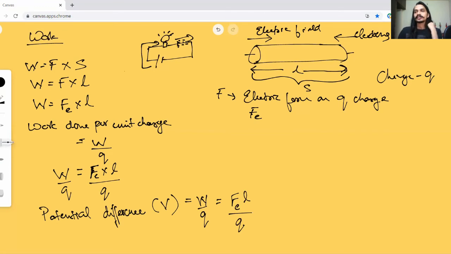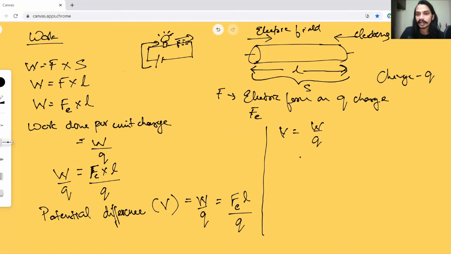Now, since it's a measurable value, it should have some units, right? Something we've learned already. Everything has a certain type of unit. So what exactly is the unit? We know that V equals, let's say, W by Q, right?